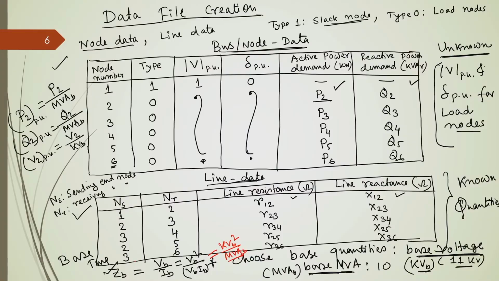So, those 10 to the power 6 will cancel out from numerator and denominator, which makes your ZB in ohm. So, this is in ohm.